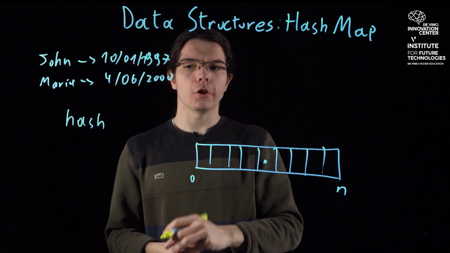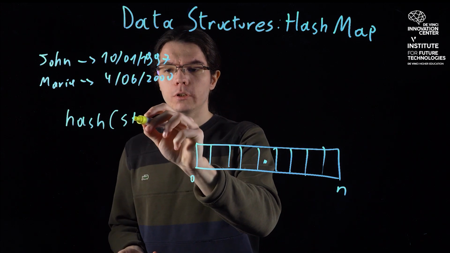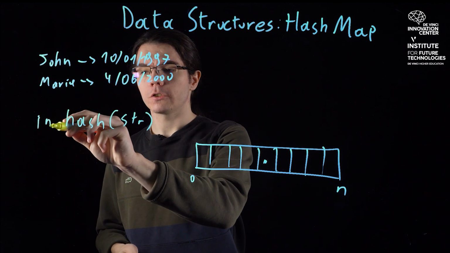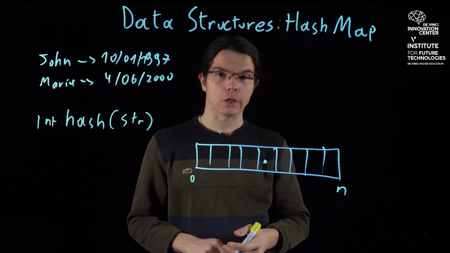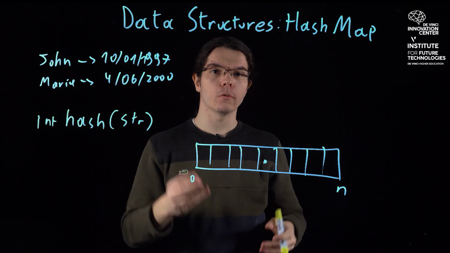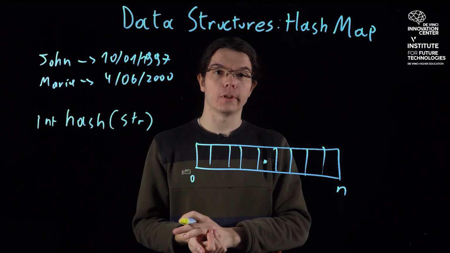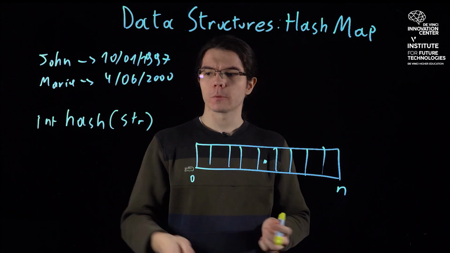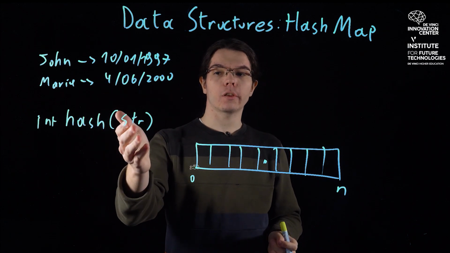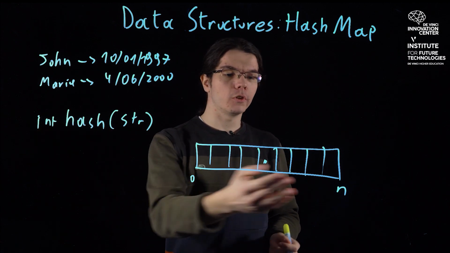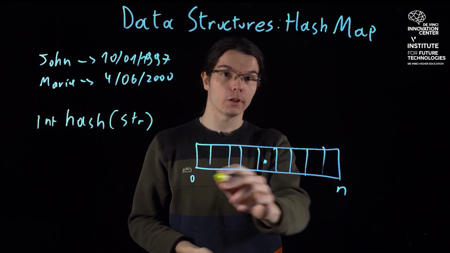This hash function is going to take a string and output an integer. You can take a look at how it works, but hash functions are very useful, especially for cryptography, something else we're going to see later in the security class. But for now, let's just say the hash function takes any string and can output an integer between 0 and n.